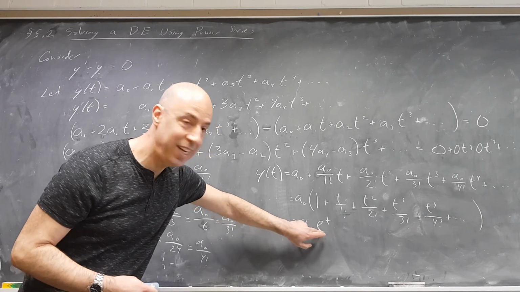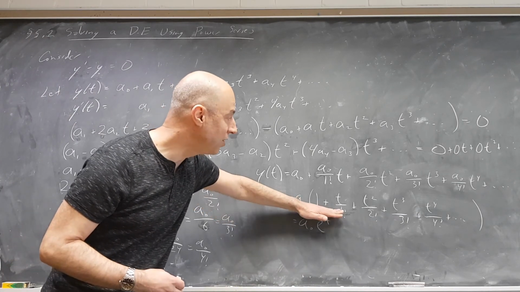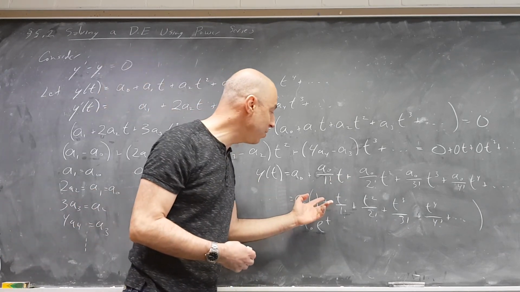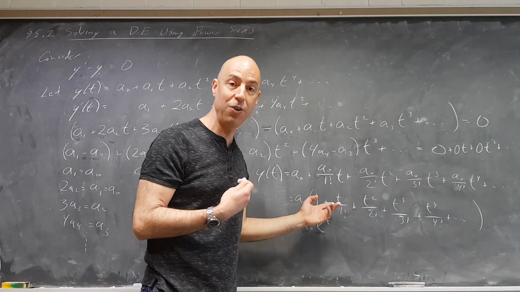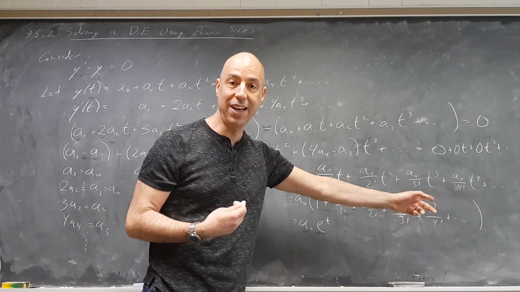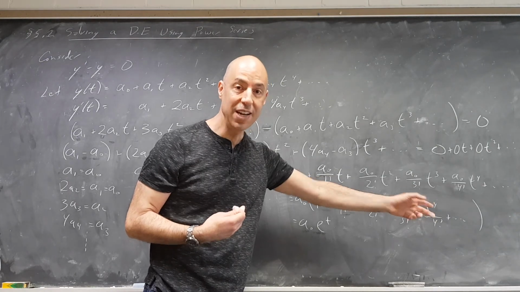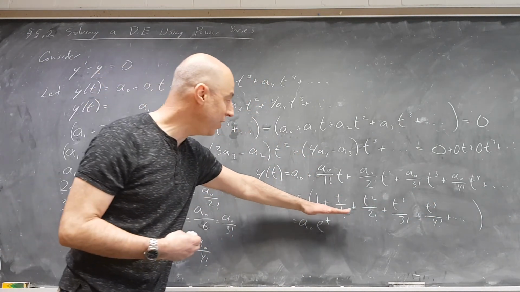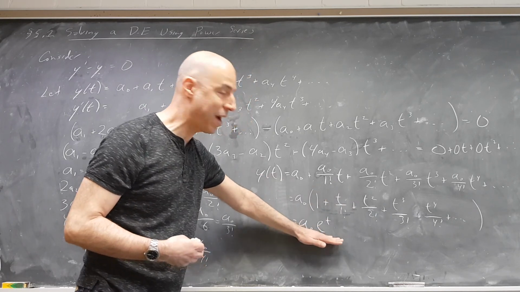When we say a naught e to the t, we have closed form. A series solution, as you can see, is not as elegant. But you can, if you need to, find the value of the function at some point, just plug in t and take as many terms as you need to get whatever degree of accuracy you want. This is the method. At least you can get this far, and sometimes you can go back and write it in closed form.